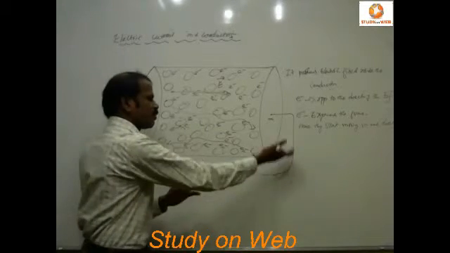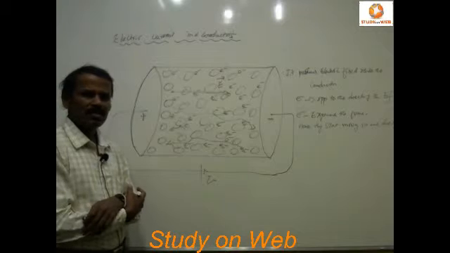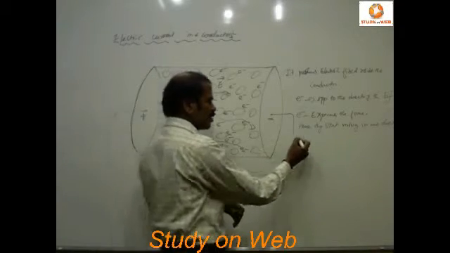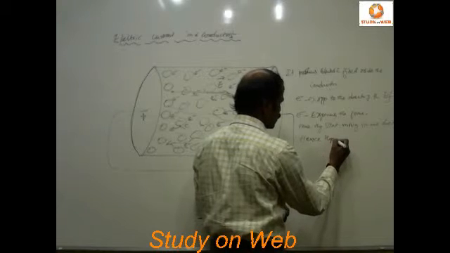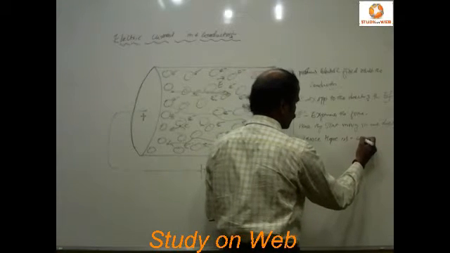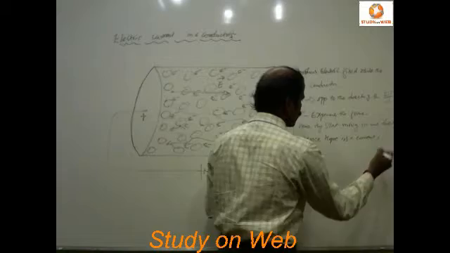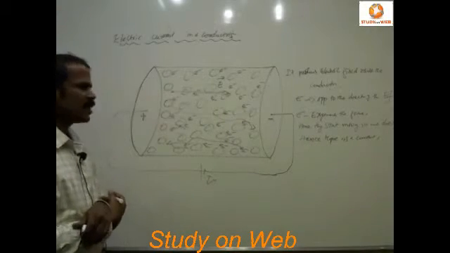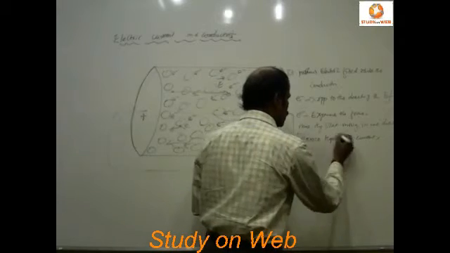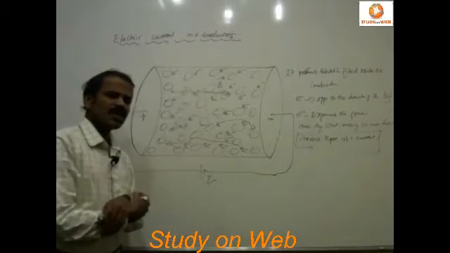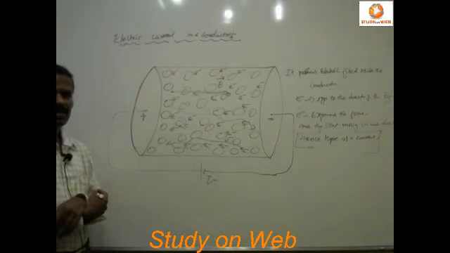Electrons flow like this and supply of electrons takes place. Hence, there is a current in a conductor. Now, this is how a current is constituted in a conductor.